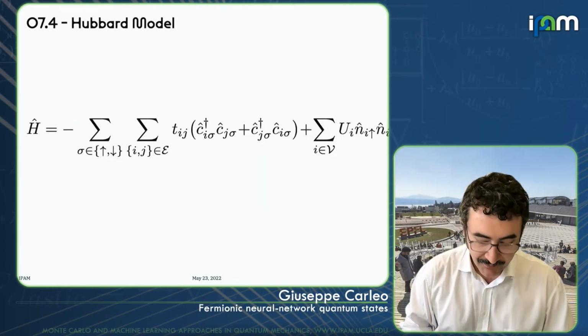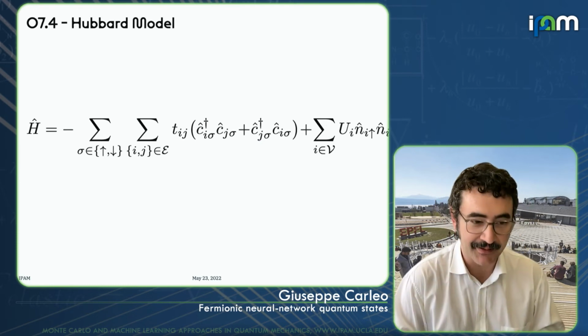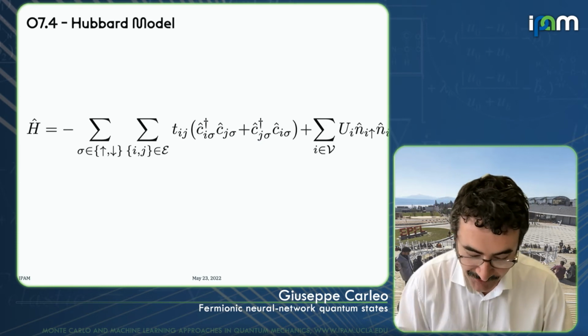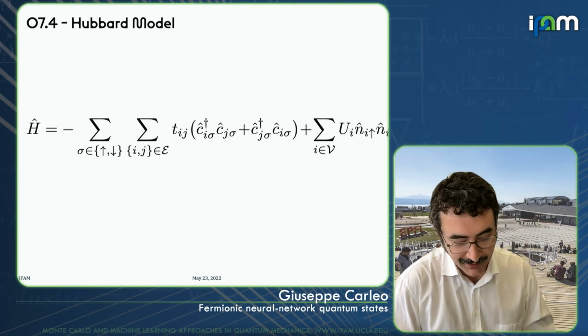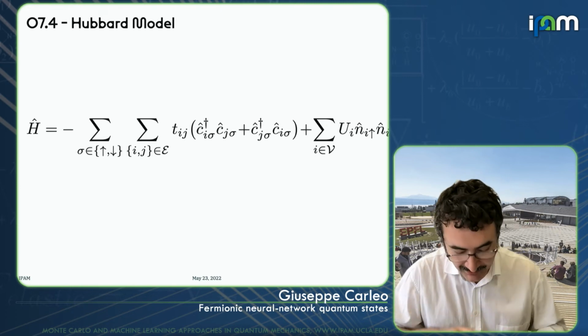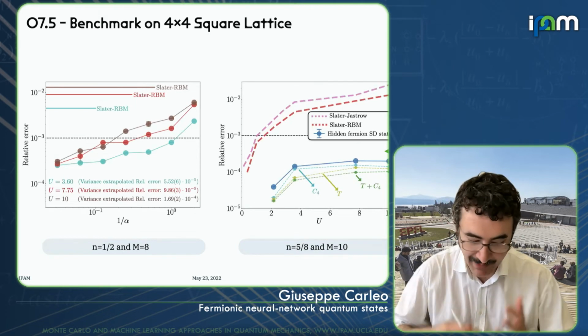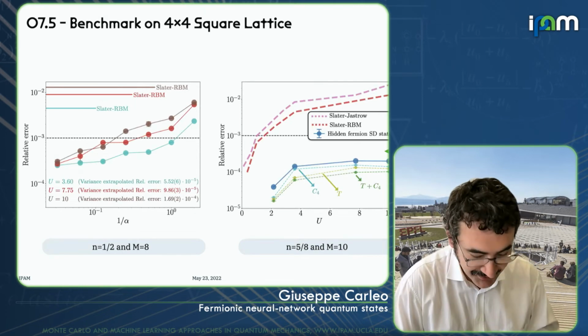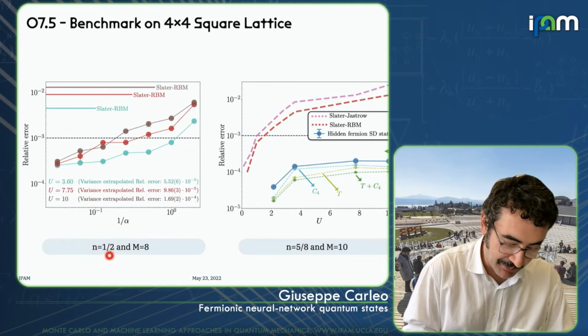Now, for the application, we wanted to get started and have some benchmarks on a relatively well benchmarked model, something that people have studied a lot. So the Hubbard model, the spinful Hubbard model, and we benchmark on the 4x4 square lattice because we have to start somewhere.